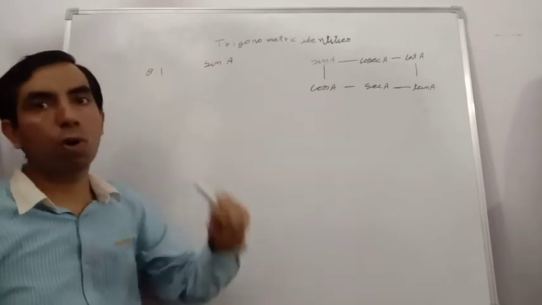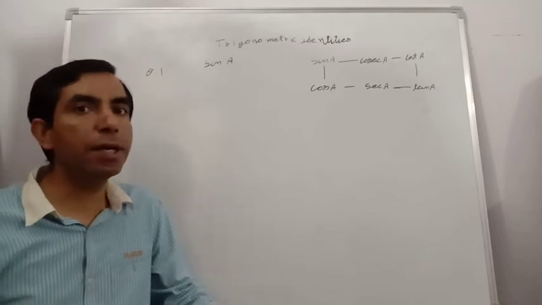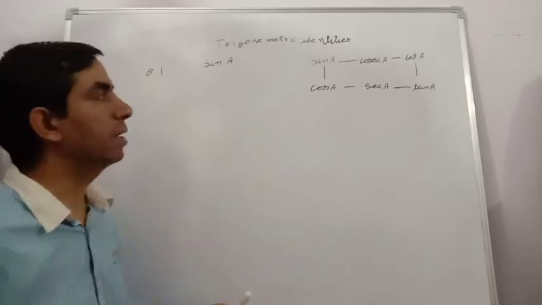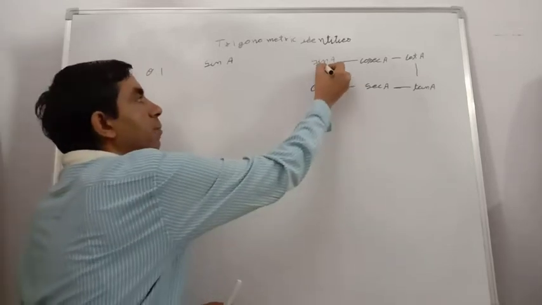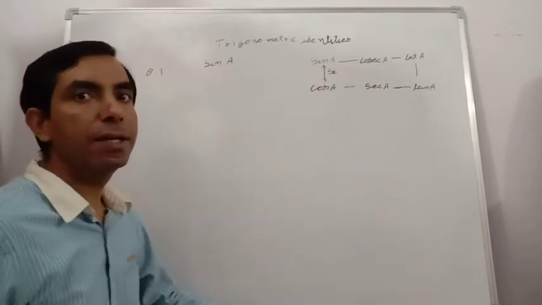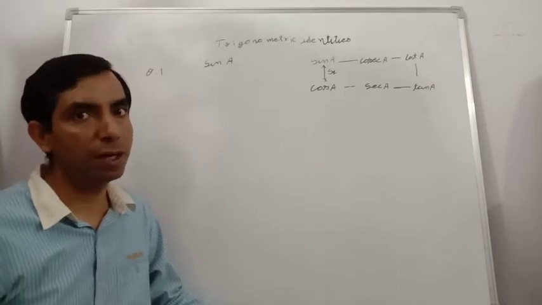Sin A is connected to cos A with the square identity. If we use the square identity, then we can change sin to cos and cos to sin, because it is changeable in both directions. The square identity formula is sin square A plus cos square A is equal to 1.